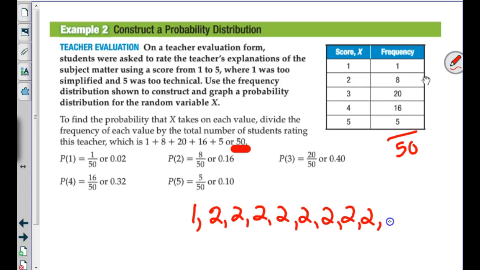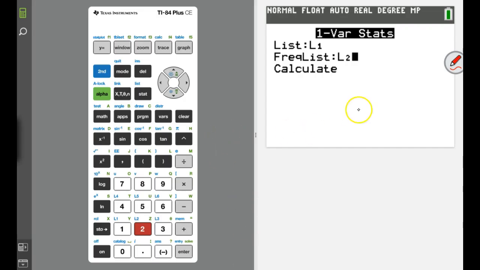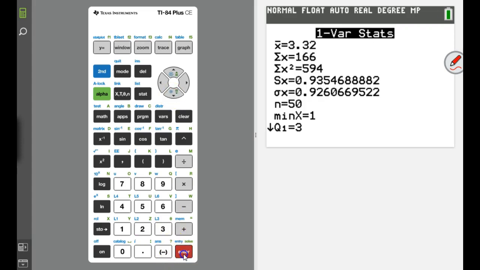Okay. How many scores would we have to enter if we wanted to do it that way? 50 scores, right? But rather than entering all 50 scores, we're using this frequency list. So the frequency list needs to say list 2. Everybody good about getting where to get that second 2? And then we're just going to calculate.